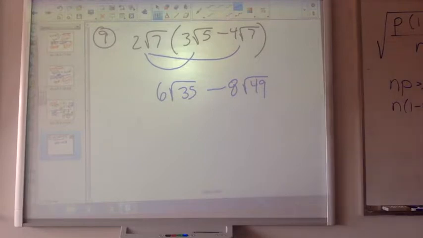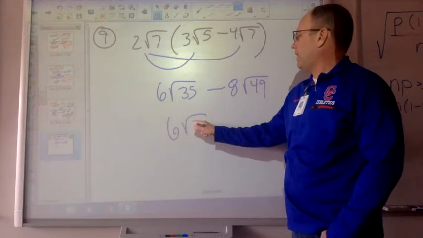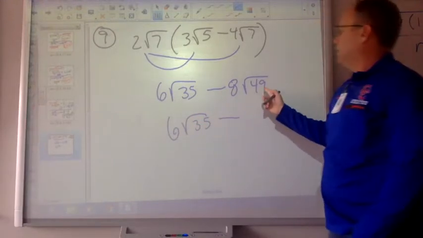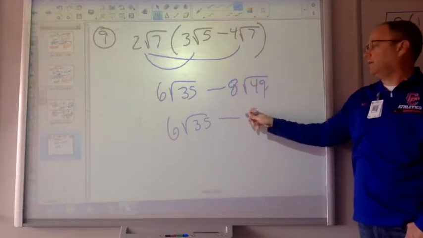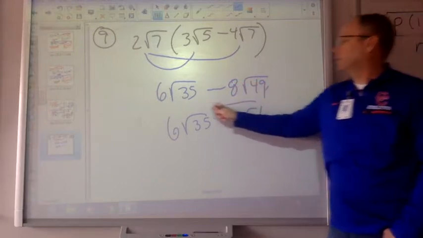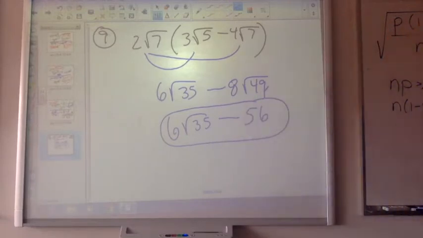And it's also 5 times 7. Are there any perfect squares inside of 35? No, so 6 root 35 stays as is. What is root 49? 7. Just 7, right? So I get 6 root 35 minus, since the square root of 49 is 7, I'm going to multiply it times the 8, so I get minus 56.